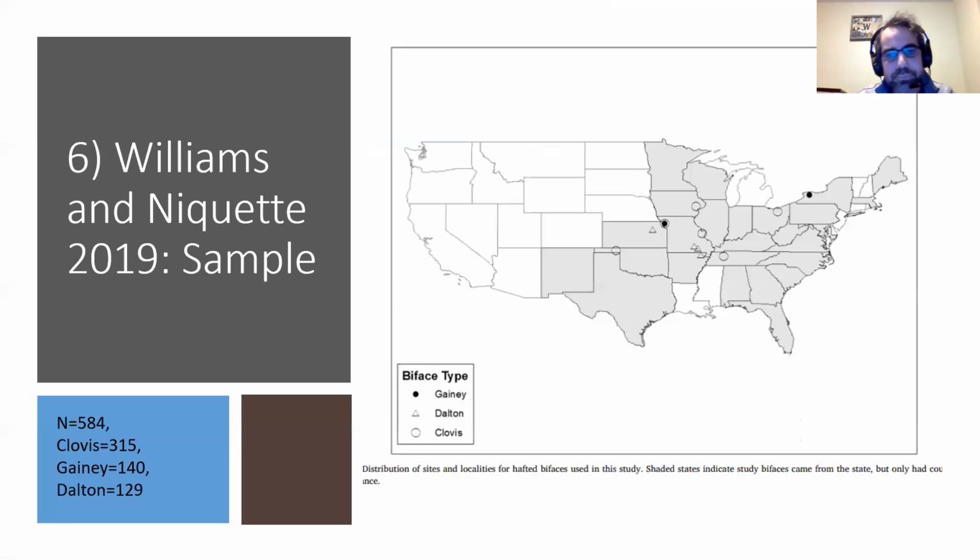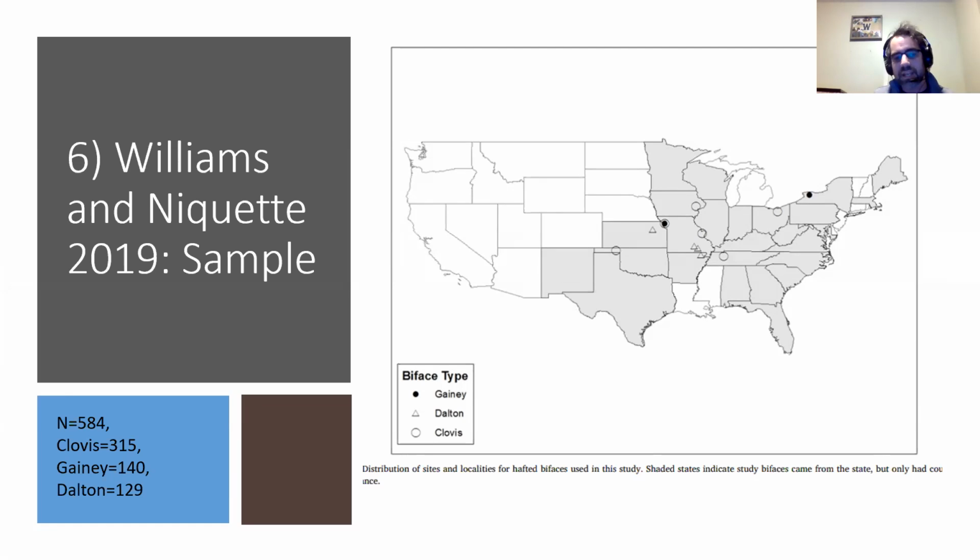So one of the ways I've taken to address that, along with Mason Niquette, was to look beyond Clovis and include Gainey points and Dalton points and look to see if there's any foreseeable differences in the tolerance, how they resharpened, and the life history of these projectile points.